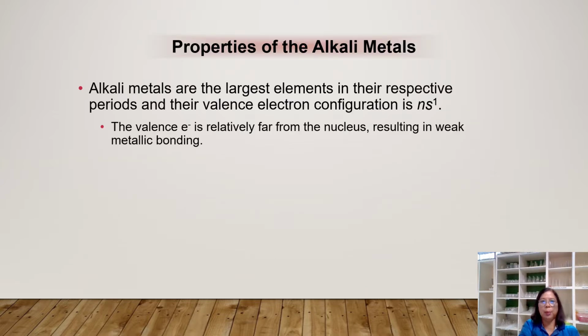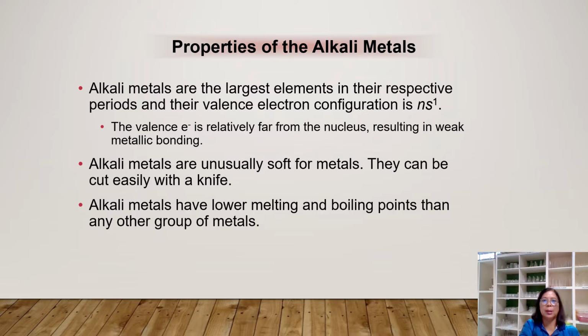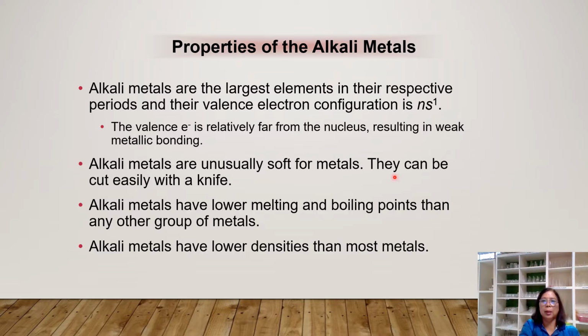Okay, what are the other properties of alkali metals? Alkali metals are the largest elements in their respective period, from left to right, from top to bottom. Their size also differs.